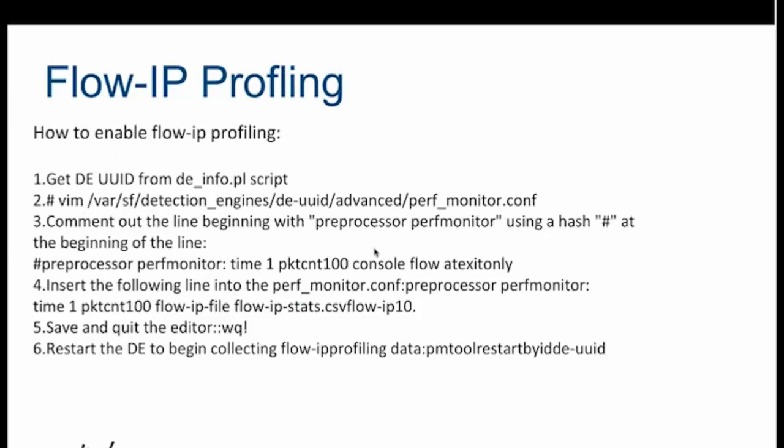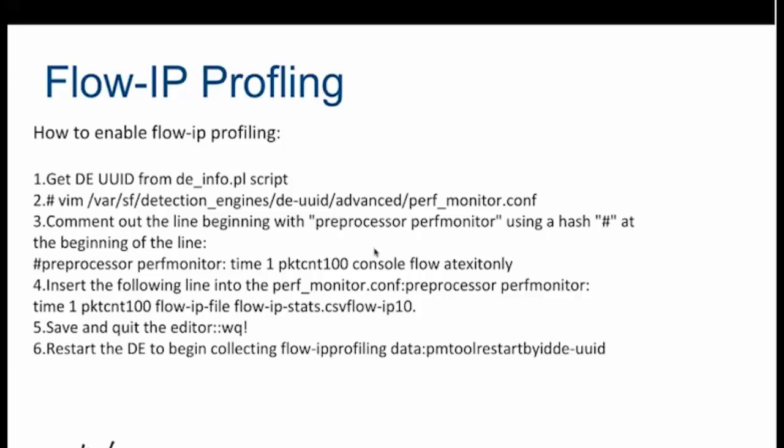So this is just a procedure to enable the flow IP profiling in the system. When you refer to it, you can go through this procedure to enable the flow IP profiling.